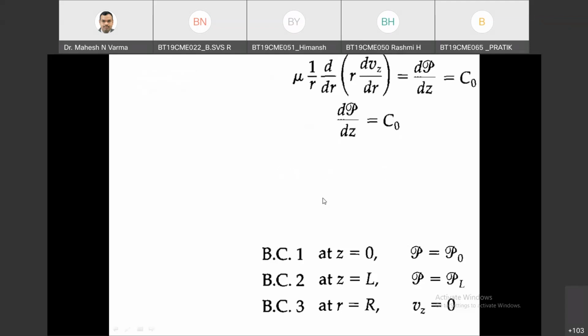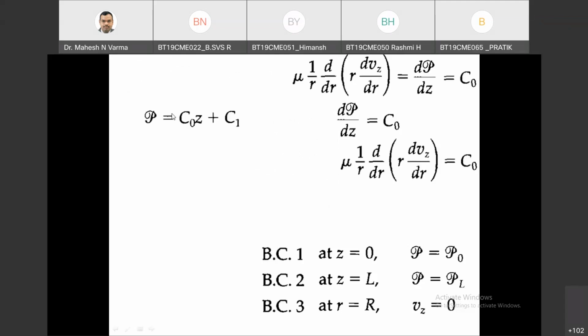Solving this for velocity, del p by del z equals C0, and using the 2 pressure boundary conditions, P equals C0 z plus C1. At z equals 0, P equals P0, and at z equals L, P equals PL. So I can get the values of C0 and C1.